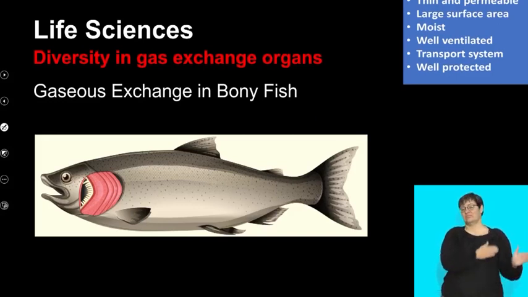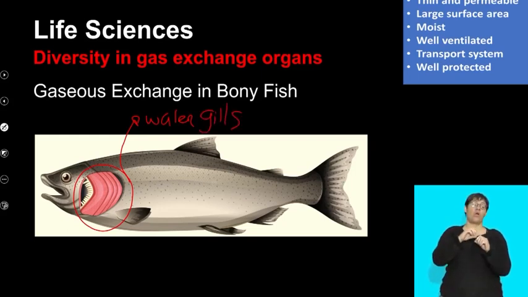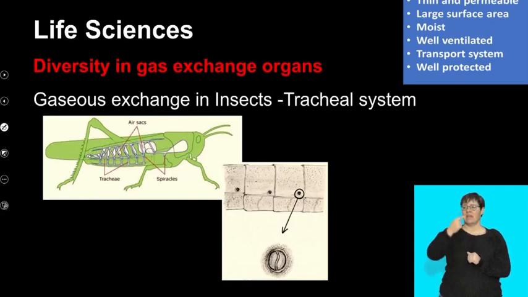Then you looked at the example of a fish. A fish lives in water, so it needs a different mechanism to take oxygen in and out, and that is where we looked at the concept of the gills.